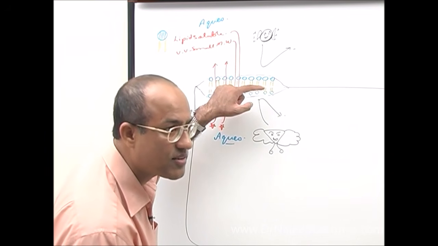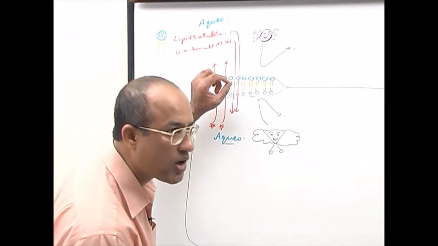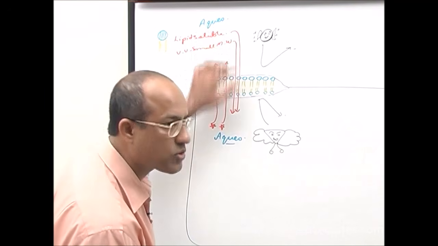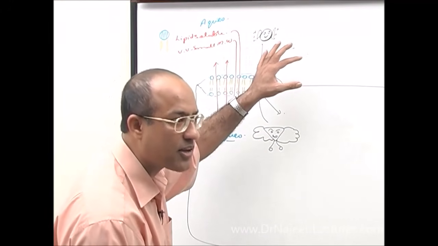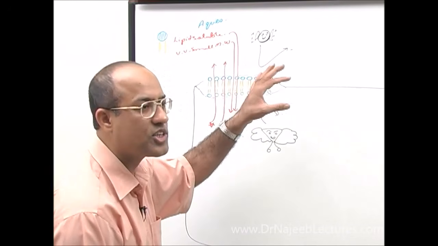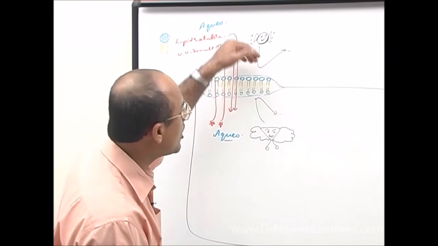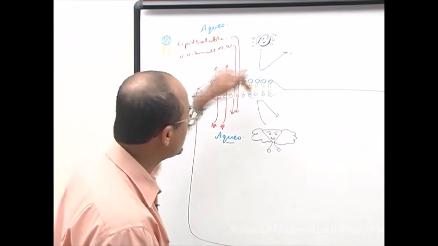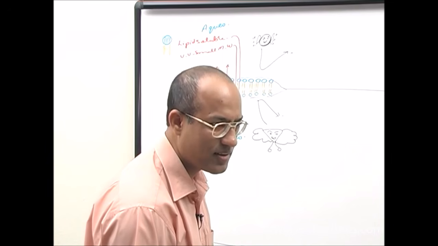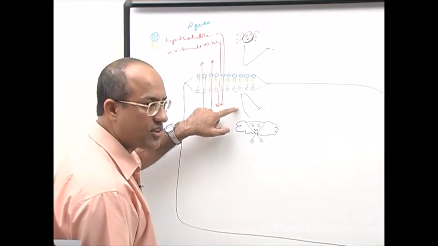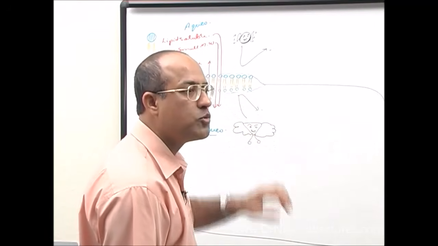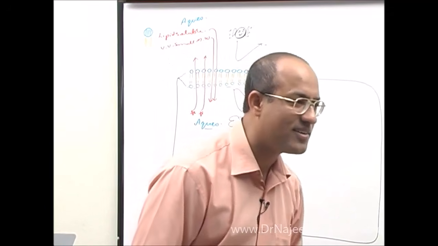And those substances which are lipid soluble or have very small molecular weight can easily pass through the cell membrane. But other substances which are very large molecules or which have a lot of charge on the molecule cannot pass through the membrane by simple diffusion. Is that right? It means for such substances, if they have to pass through the membrane, we need a special arrangement.